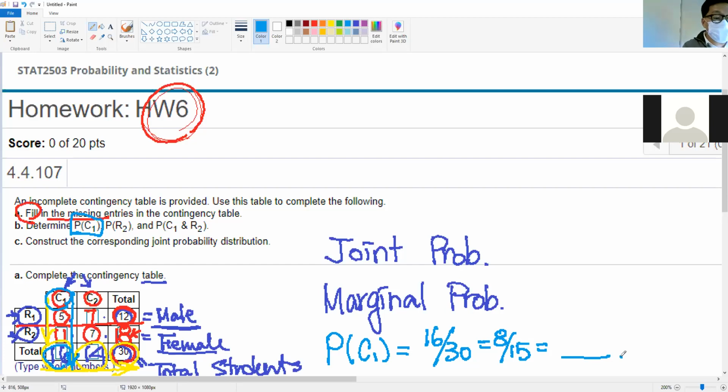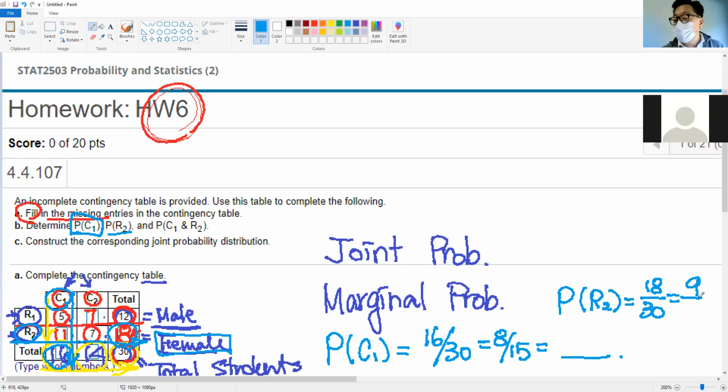And also the next one is R2. It's among the female, only the female, R2. So here is 18. So now I can say the probability of R2 is 18 over 30. Simplify again, it's 9 over 15.